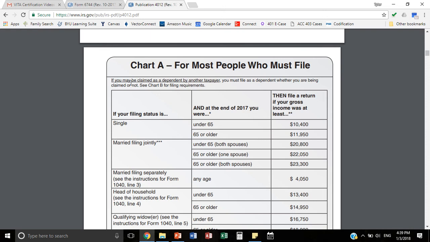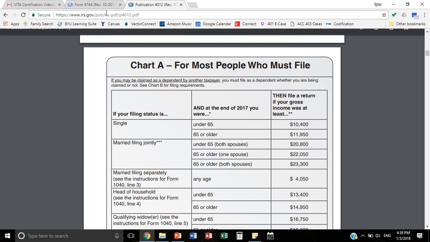So we're at chart A. The first sentence says, if you may be claimed as a dependent by another taxpayer, you must file as a dependent whether you are being claimed or not. So basically you can never claim the personal exemption if someone else can claim you as a dependent. It doesn't matter if they do or not. It's the fact that they can claim you that is important.